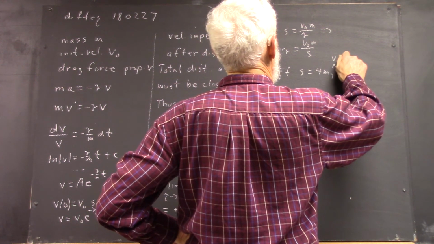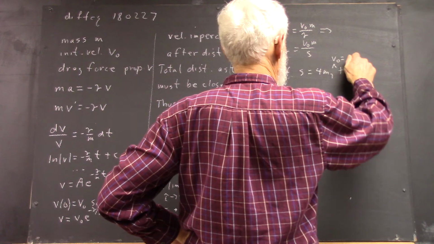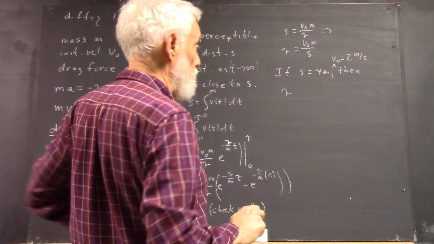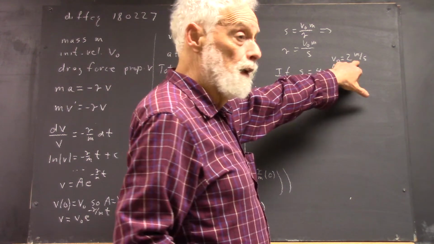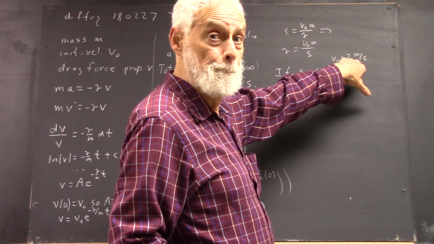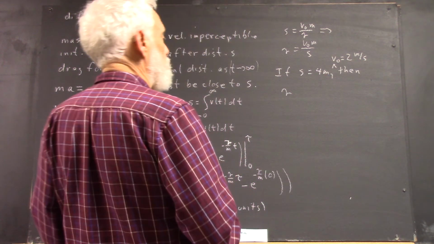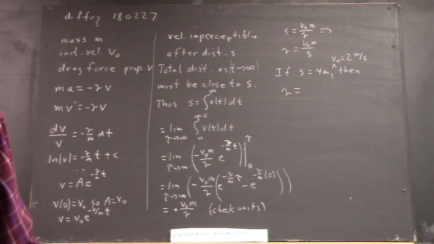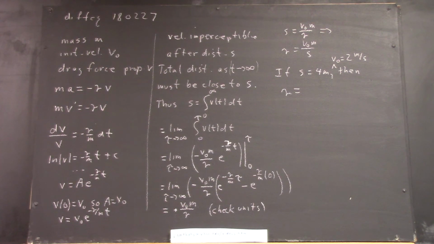And let's let v naught equal, say, 2 meters per second, because gamma is going to depend on both how far I coast and how fast I was moving when I began coasting, right? So if we have this, then what's the value of gamma? I need mass. We don't know what mass is.